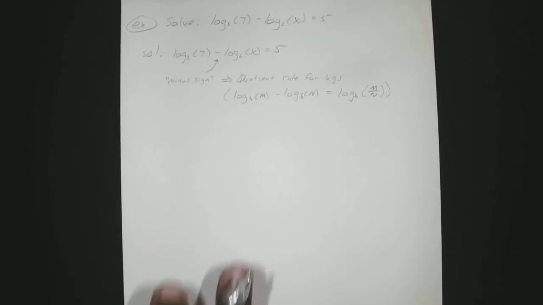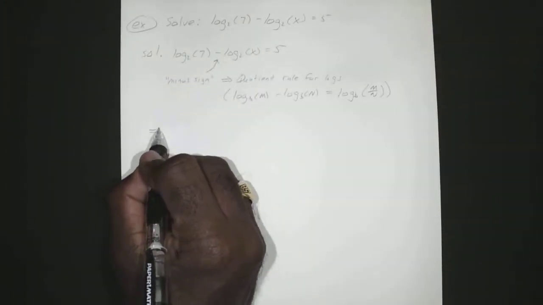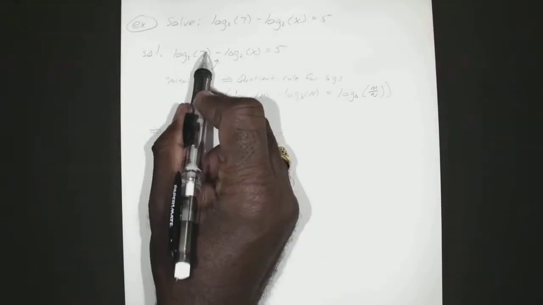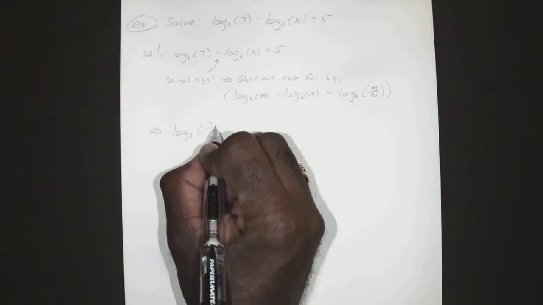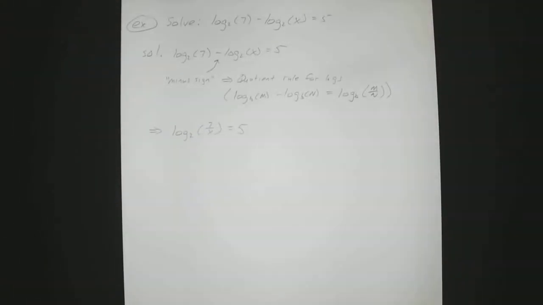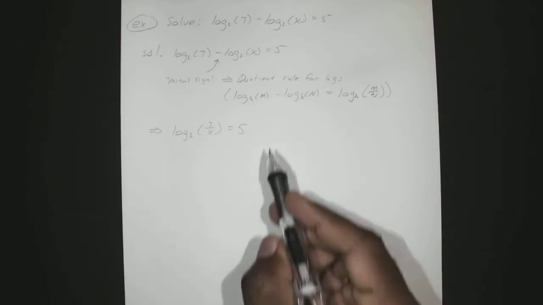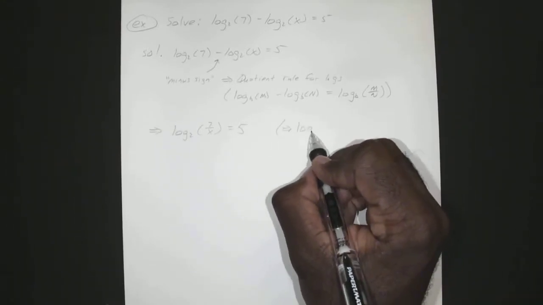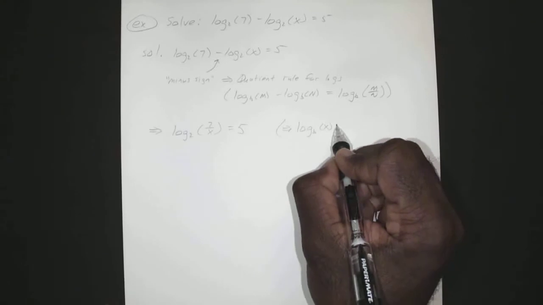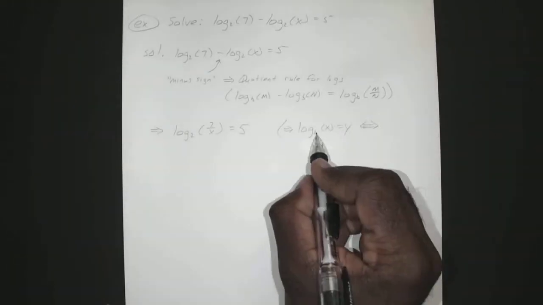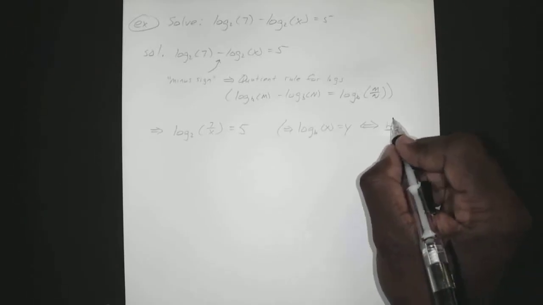So that means these two terms are going to become log base 2 of 7 over x equals 5. Once you have it as one term, again you want to remember that log base b of x equals y is equivalent to b to the power of y equals x.